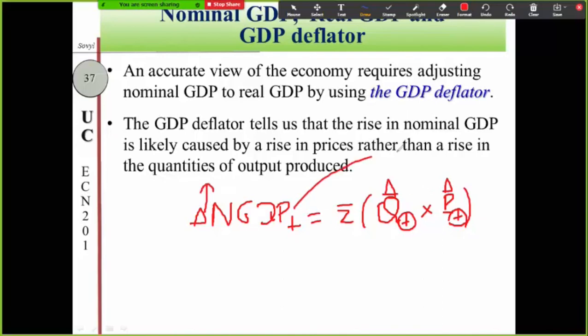So nominal GDP tends to reflect an increase in price, not only an increase in quantity. Okay, that's why this is nominal GDP.